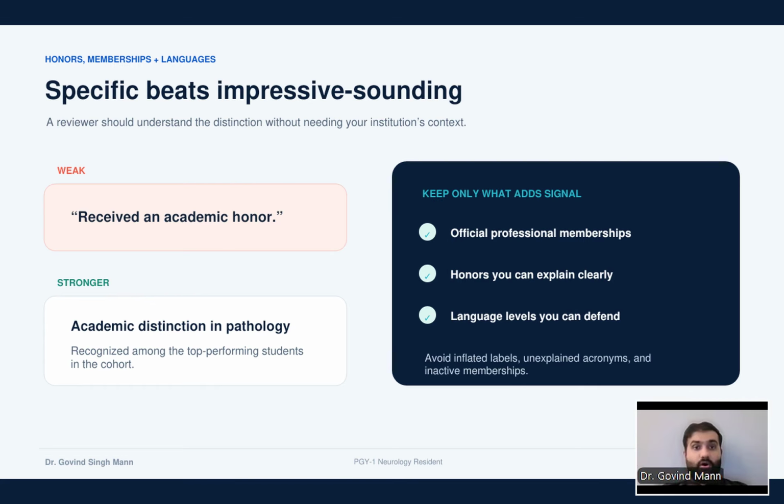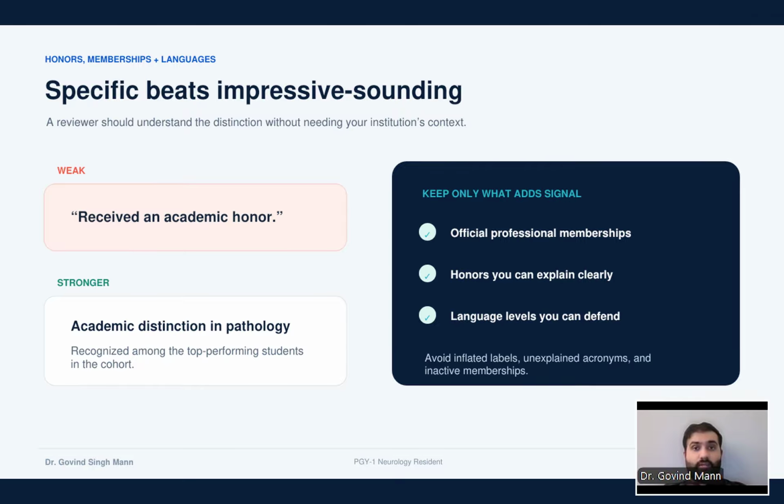Then it talks about honors. In terms of honors, my recommendation would be to not write anything that sounds boring. If you write "received an academic honor," I am confused and have to read through the description to understand in which subject you got it.